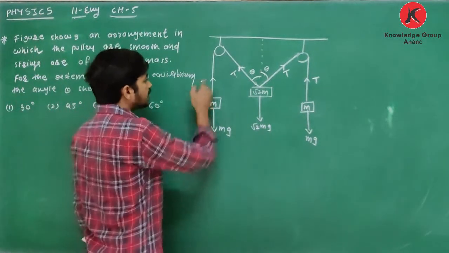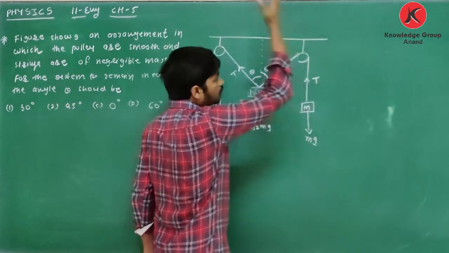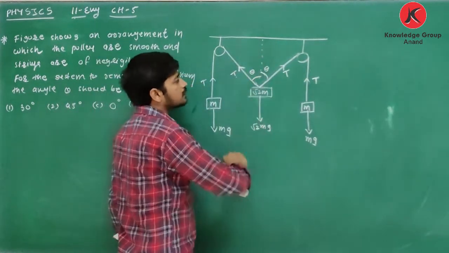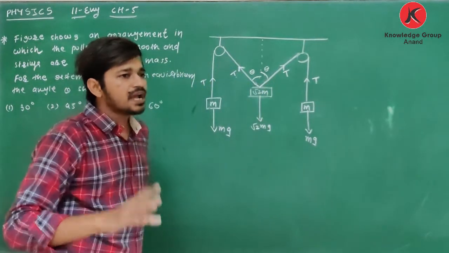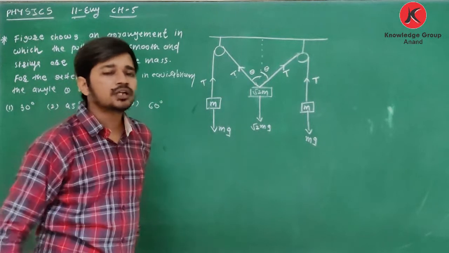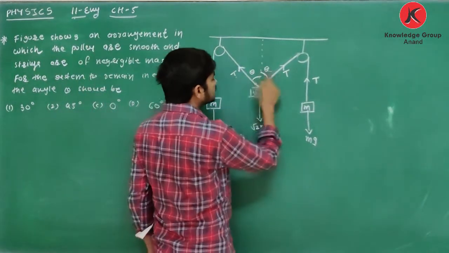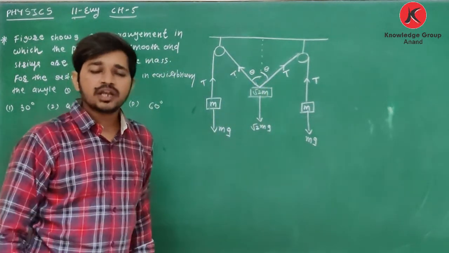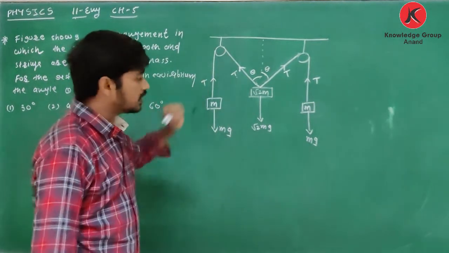Now, this mg and T are in the vertical plane. But here, this root 2 mg is in the vertical plane, but these two tensions T and T are not in the vertical or horizontal plane. So obviously, we have to resolve these two tensions into two components, one in horizontal direction and one in vertical direction.